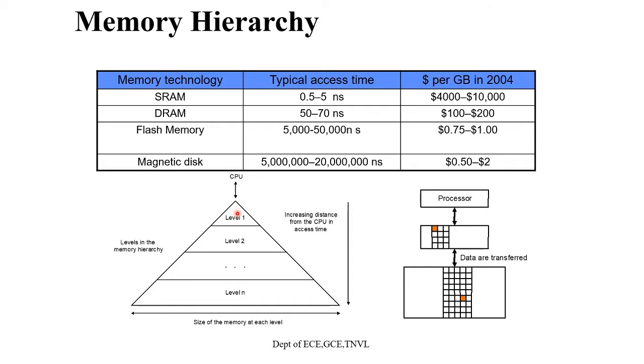Nowadays we demand both large memory as well as fast memory. In order to meet this demand, we go for the memory hierarchy. Here, there are four primary technologies used nowadays in the memory hierarchy. The main memory is usually implemented with DRAM, that is dynamic random access memory, while the levels closer to the processor are usually implemented with SRAM, that is static random access memory.